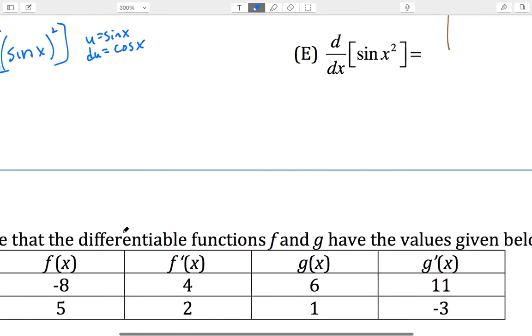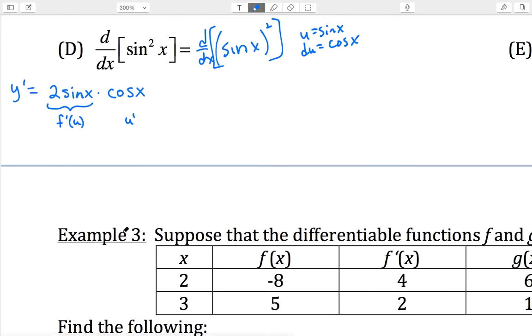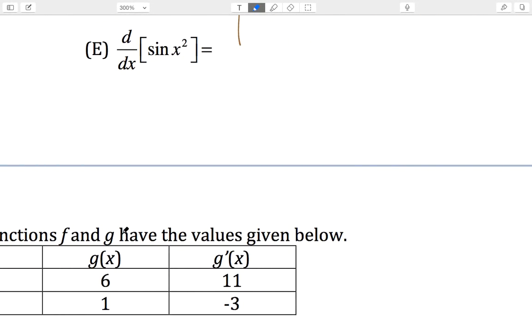So we want to contrast D, where we got 2 sine x cosine x, with E, which is extremely similar, except that this is the sine of x squared. So what is u? x squared. And so u prime is 2x. Now y prime is the derivative of the outside. What's the outside function? Sine.